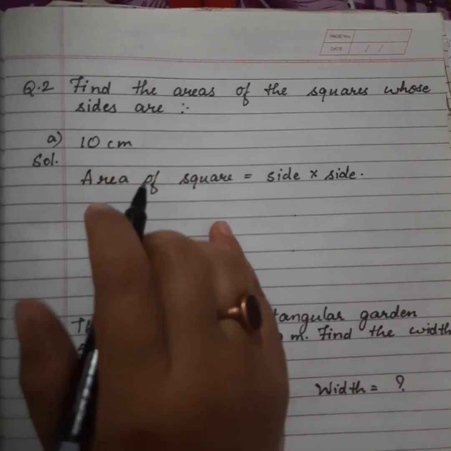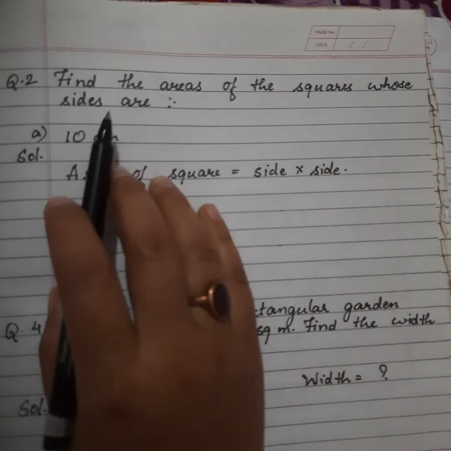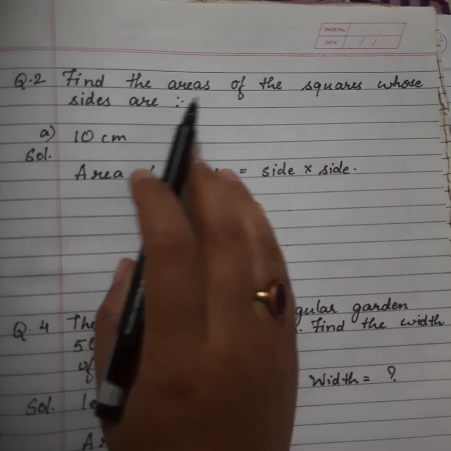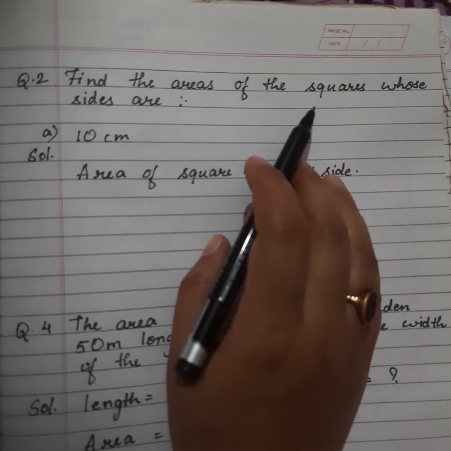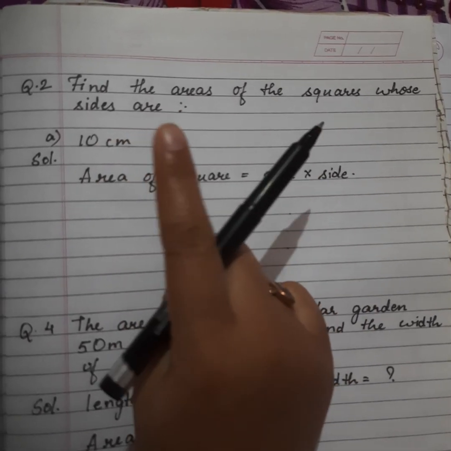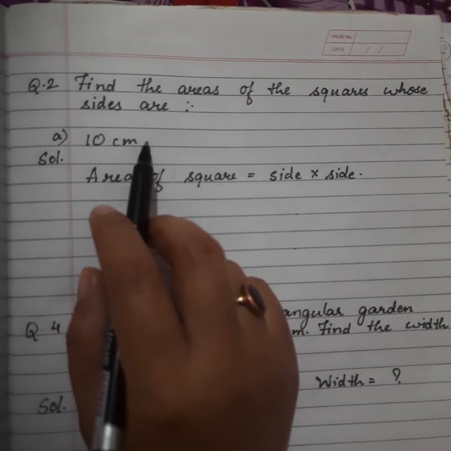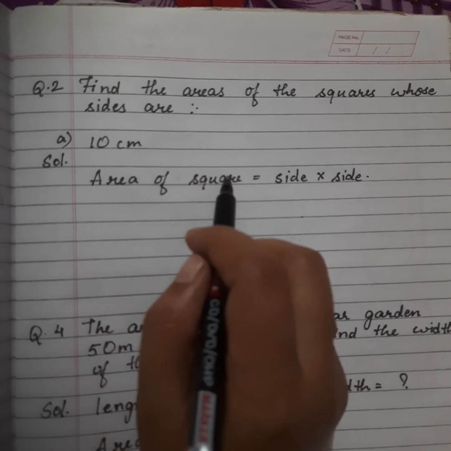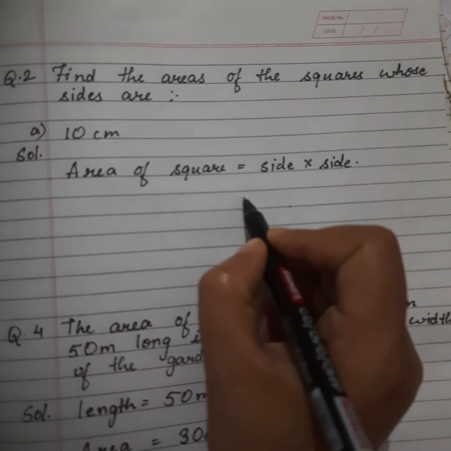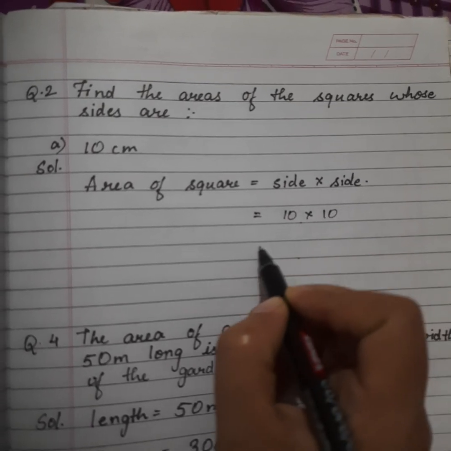Now the next question is find the area of the squares whose sides are given. Here they are asking for the area of a square. That means they will be giving only one measurement, and that is your side. So here the first is 10 centimeter. So area of square, you have to write down the formula, that is side into side, and now put the values, that is 10 into 10.